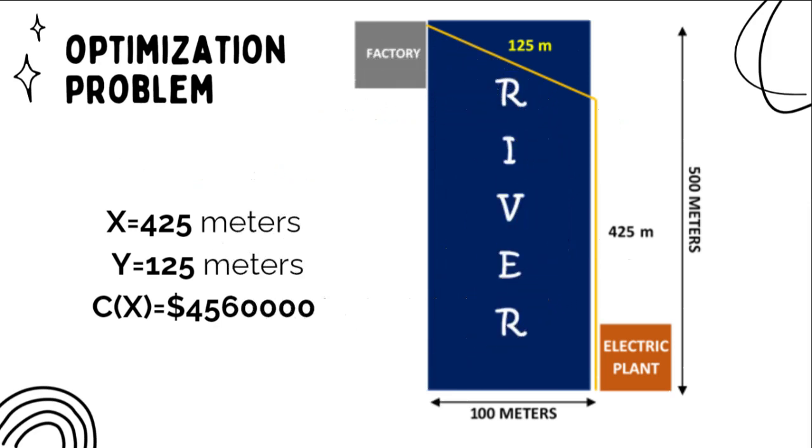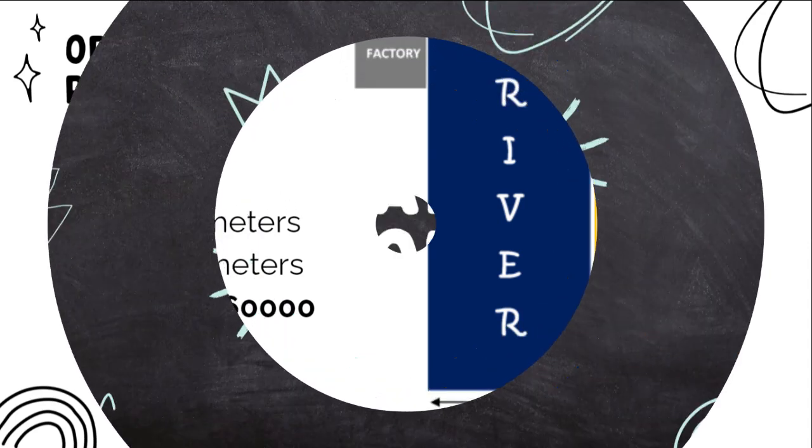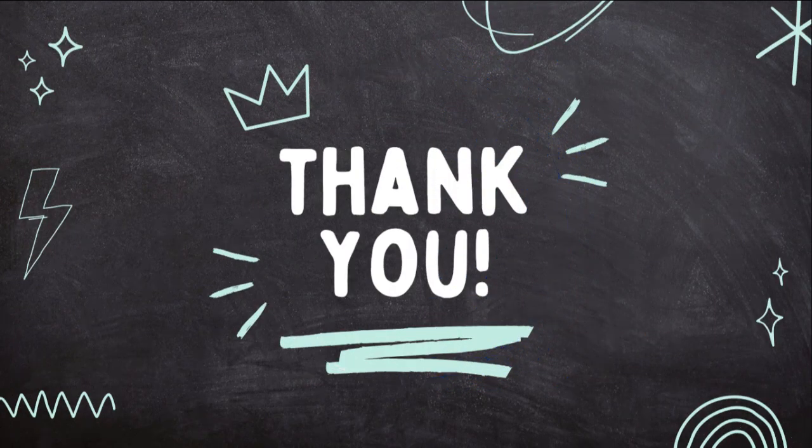Finally, there are the values of the results of this problem. There is the x that is equal to the shore cable, and y that is the water cable, and also the general cost. And thank you so much for your attention.